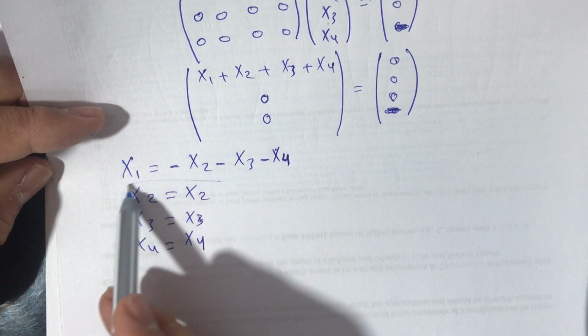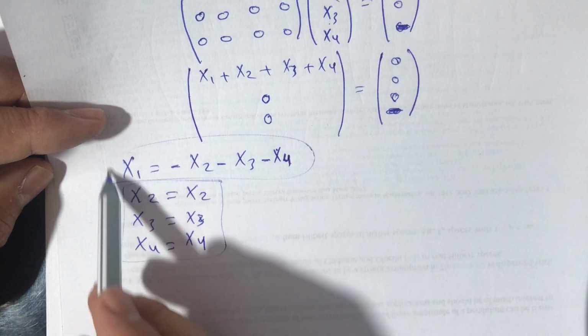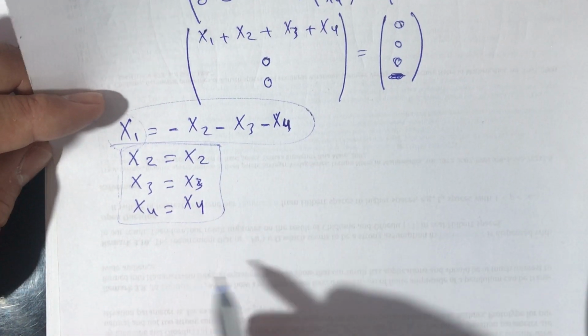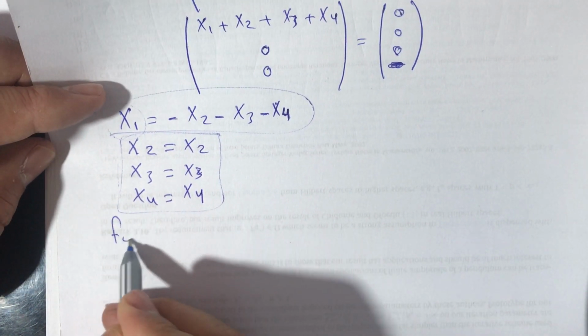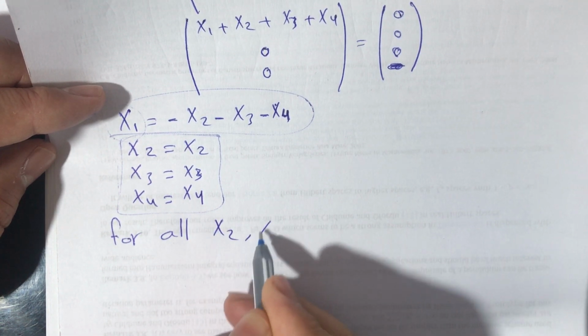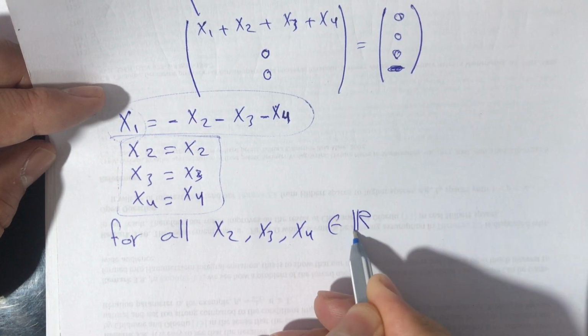This is free variables, and x1 depends on x2, x3, x4. This is for all x2, x3, x4 belongs to R.